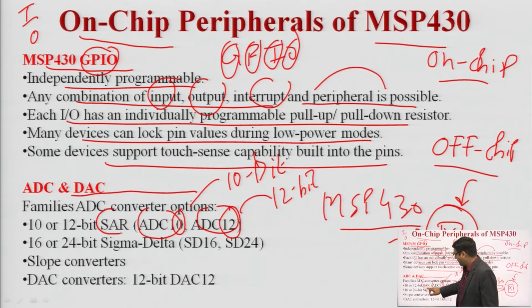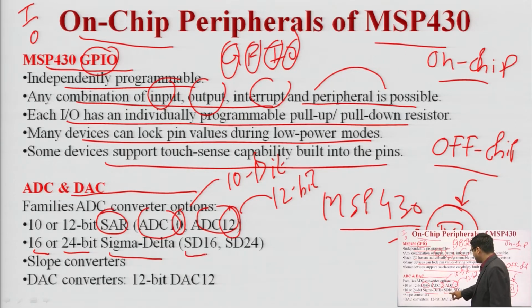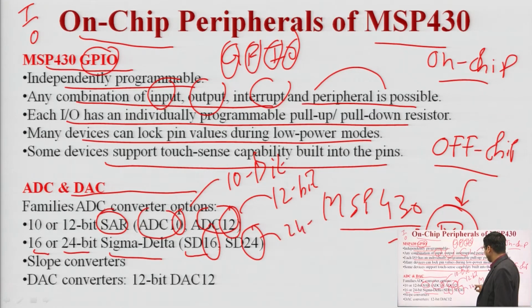It has a SAR function, successive approximation registers; it is based upon the SAR configuration. Sigma delta is available as either 16 bit or 24 bit. Sigma delta 16 means it is available as 16 bit and 24 means it is available as 24 bit.